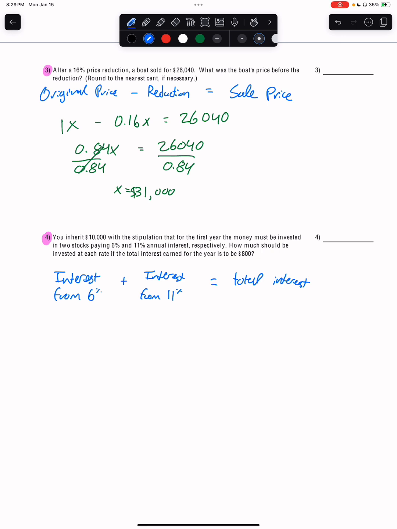So taking the 6% and converting into a decimal, we're going to get 0.06. And it's going to be multiplied by x. And x is just our dollar amount. Now, the one that gets a little more tricky is the 11%. So the 11% in decimal form looks like this. But because of the stipulation, we need to subtract this 10,000 amount.